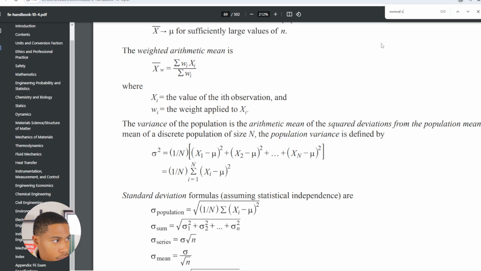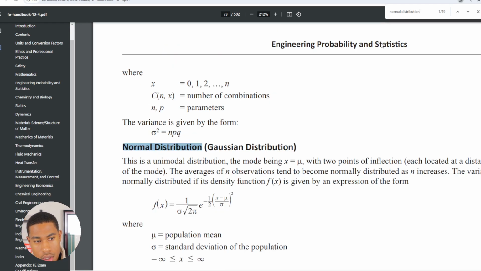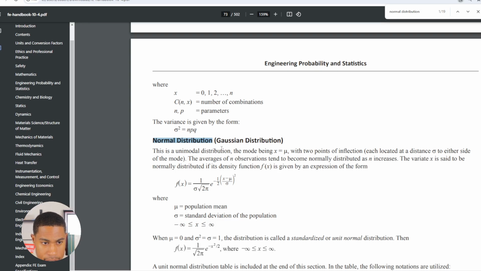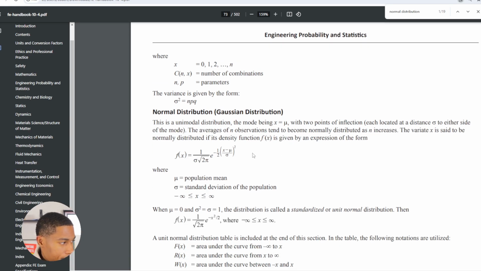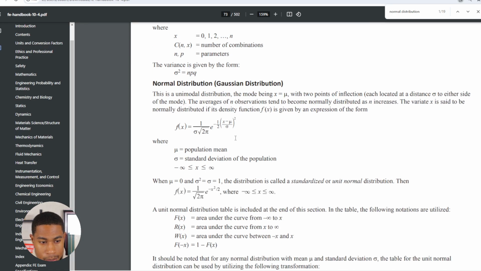So I'm just going to do normal distribution. It's also known as the Gaussian distribution. I wonder if I said that right. I'm hoping I did. But this is the section that you want to be in.